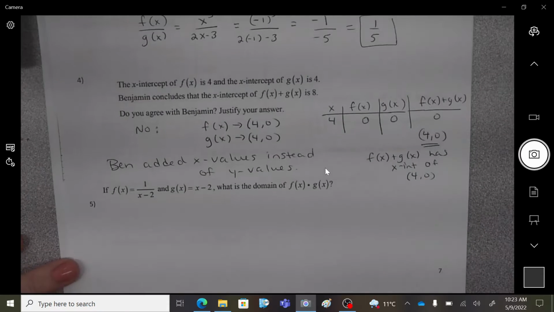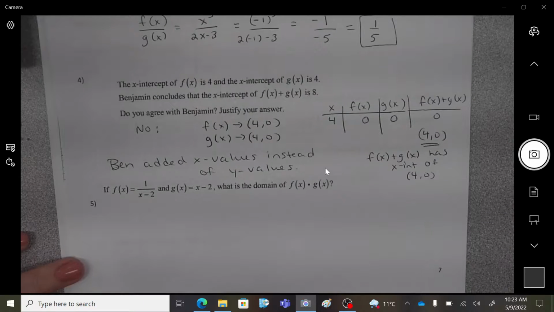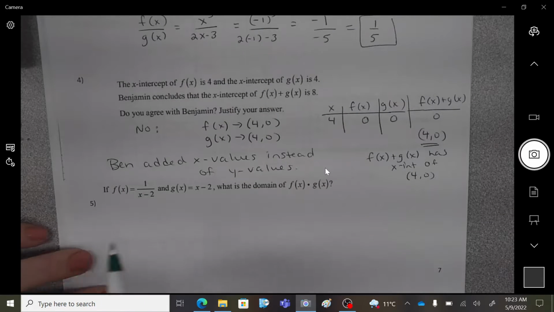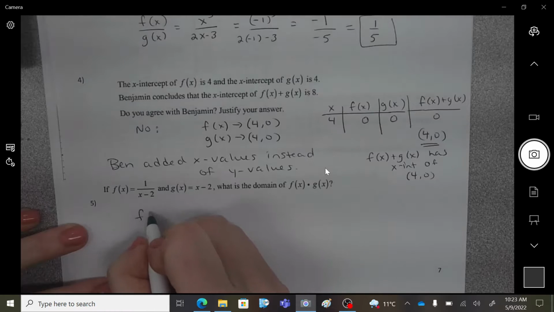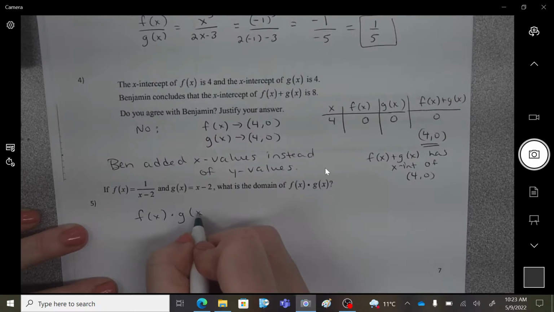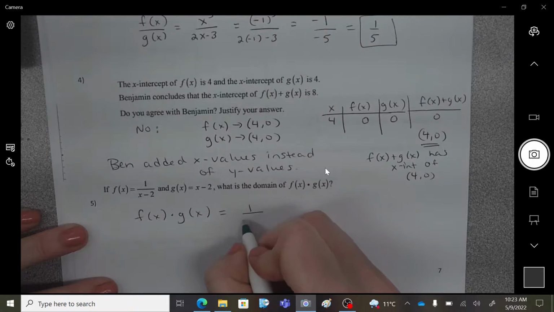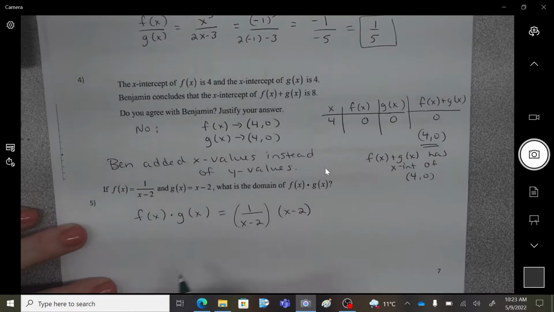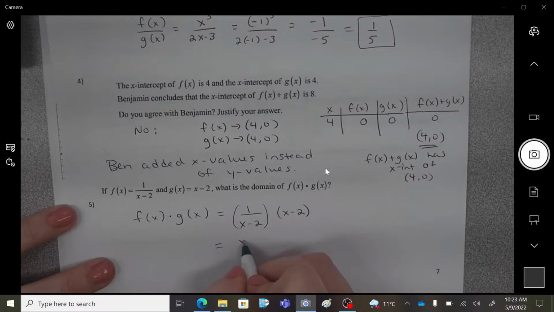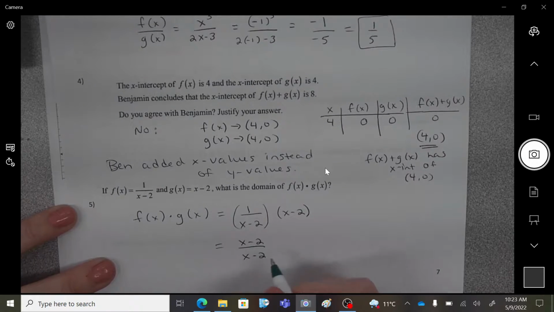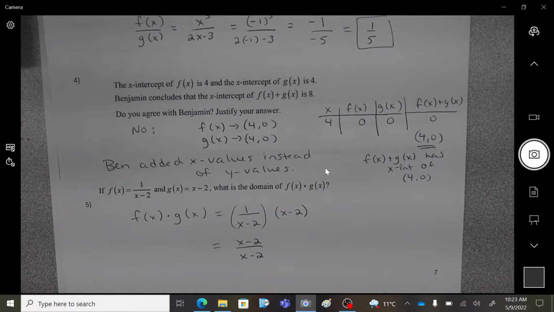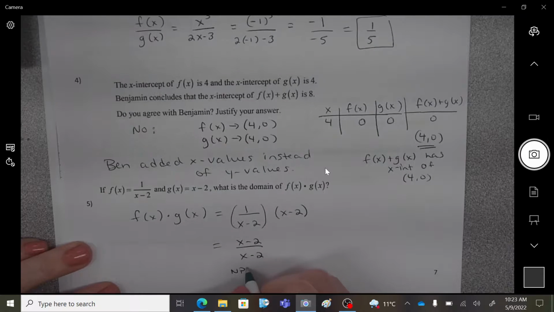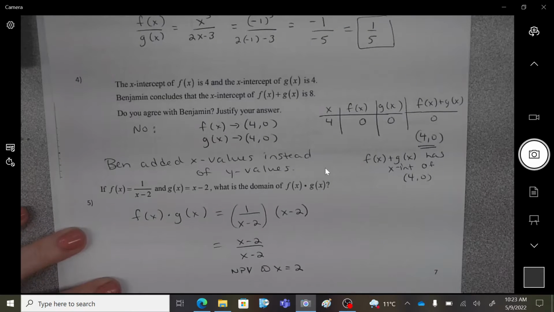Number 5, what's the domain if we do the multiplying? Okay, so f of x times g of x. Okay, so if we think about this as a rational, we know that there's a non-permissible value at x equals 2.